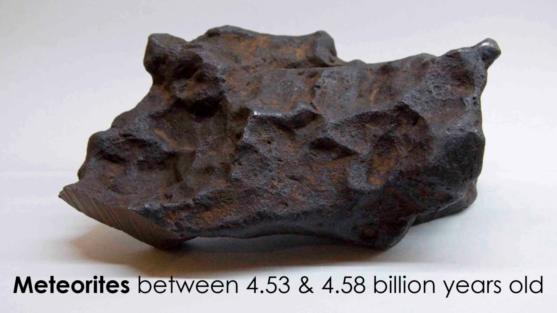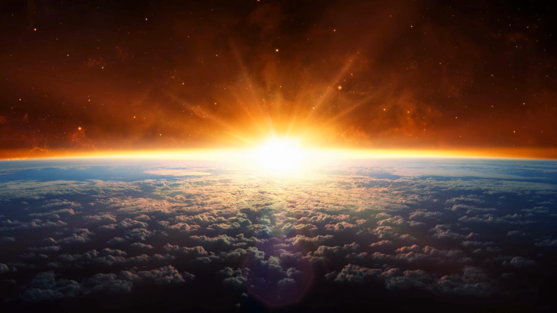Dozens of meteorites have been analyzed using absolute dating methods, and the results indicate that they are all generally between 4.53 and 4.58 billion years old. Altogether, absolute dating tells us that the Earth is over 4.5 billion years old and gives us the tools needed to figure out the timing of all of the other major events in Earth history.